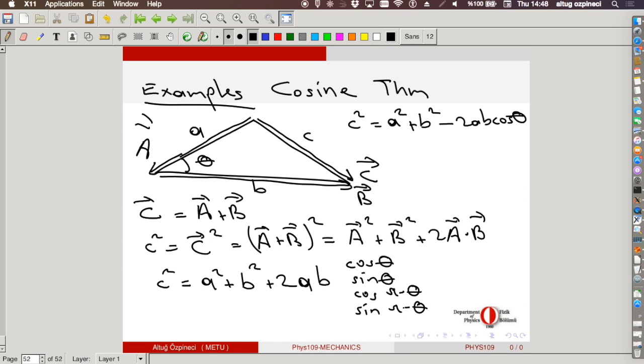Now if you look at this A vector and the B vector, their endpoints are not at the same point. So first you have to make sure that their endpoints are at the same point. You take the A vector and move the end of that A vector to this point, so basically you will be extending this line. If you bring the A vector to this point, it will be pointing like this. The angle between the two will be this one, which is pi minus theta.